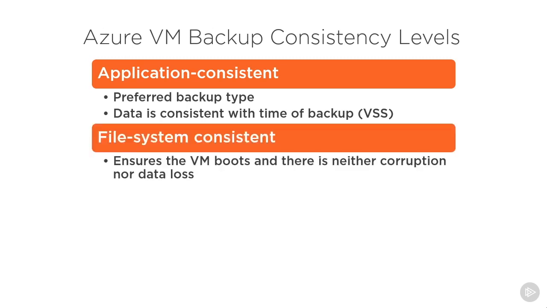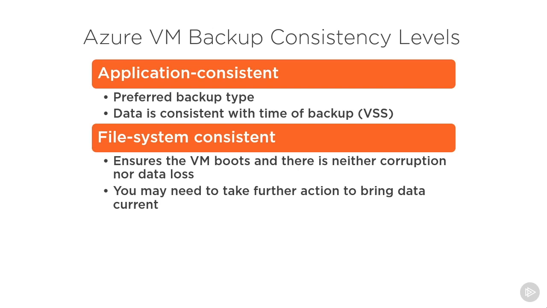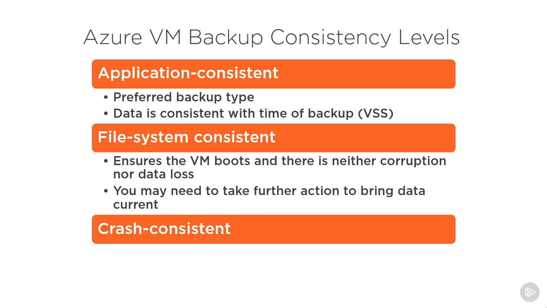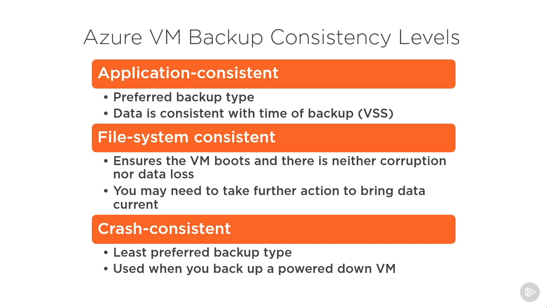File system consistent will ensure that the VM boots and there's neither corruption nor data loss, but it doesn't guarantee point-in-time recoverability, and you may need to perform some fix-up actions to bring data current in the VM. Least preferable is the crash consistent level. It's what happens if you back up a powered down VM, and it's the rough equivalent of when a server experiences a hard freeze and you have to bring it down and do a hard reboot to bring it back online.